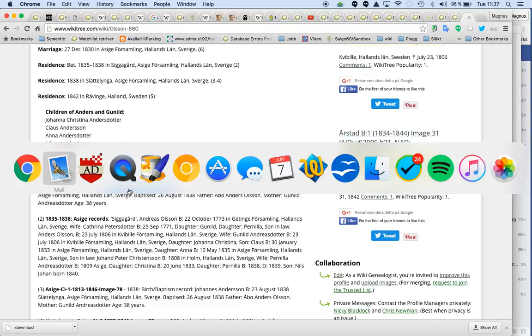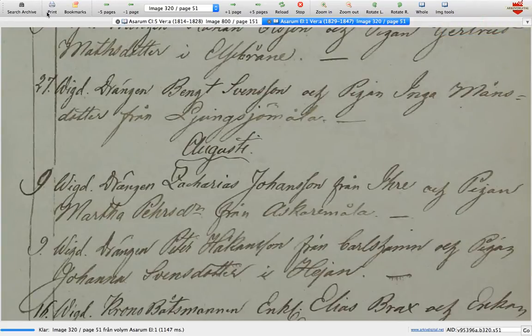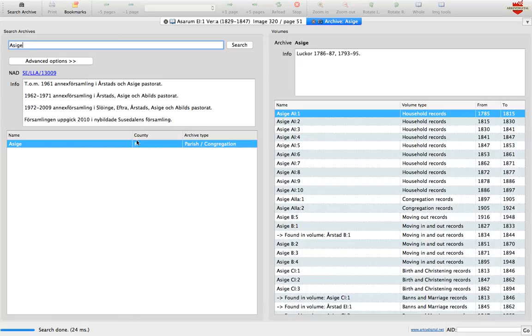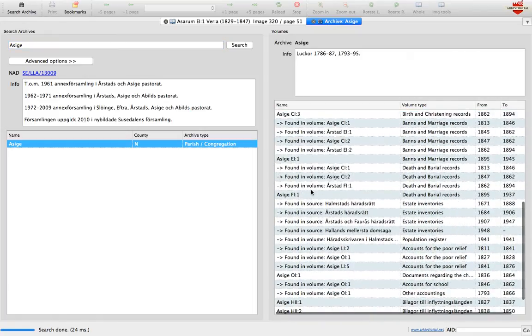So Asige means that if we close down this. Asige is the parish, and it's in Halland. And then you say it's book CE1.